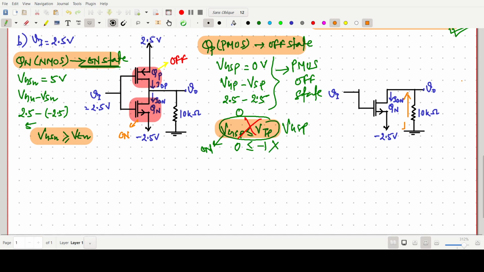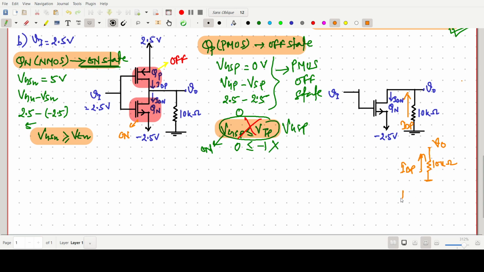This one is IDP, and this one is some resistor in general. This is V naught, a 10 kilo ohm resistance, and some current IDP is flowing. This IDP can be written as follows.